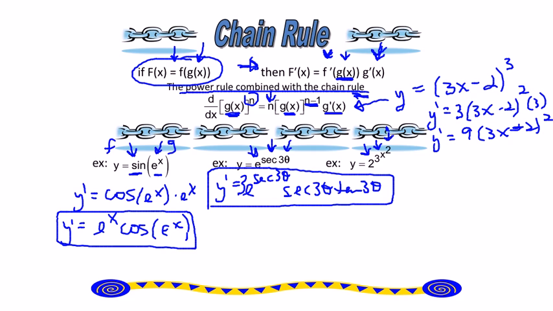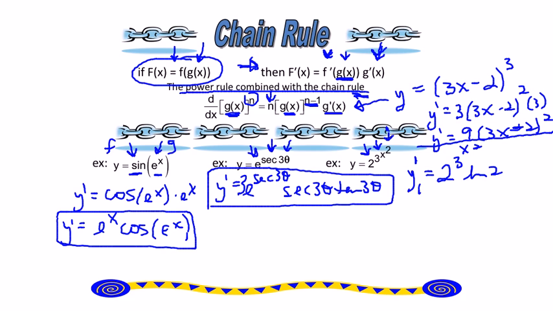So we have another triple chain. Alright, so y prime equals, the derivative of the outside function, the derivative of 2 to something, is 2 to the something ln 2.